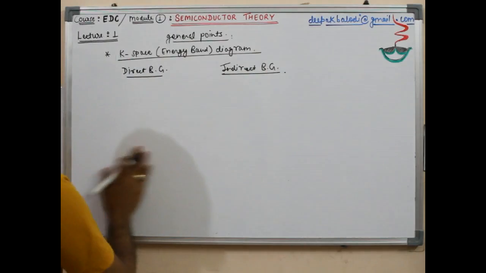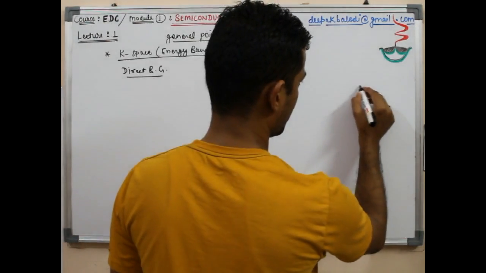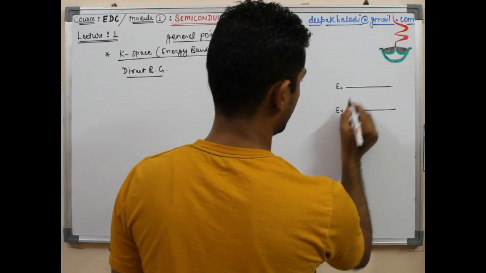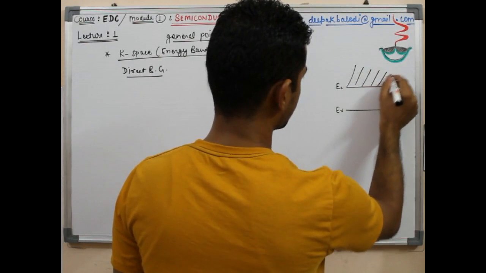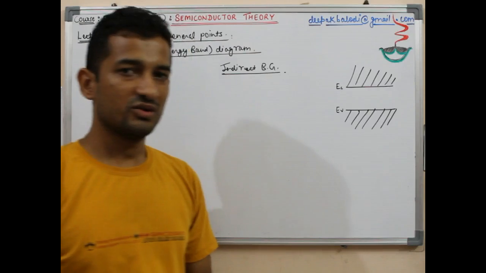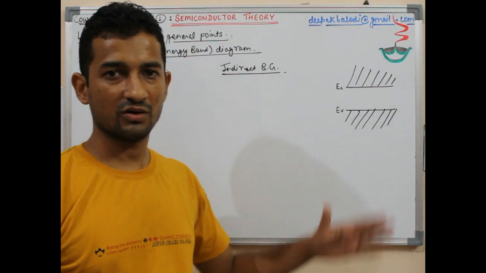So let us draw some picture about that. Let me first discuss with you that this picture of EC, EV and band gap, which we generally show, is not so simple, or it's not exactly like this.